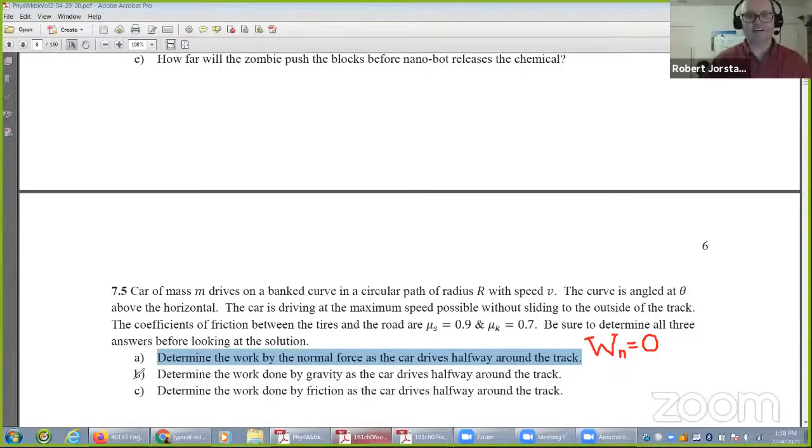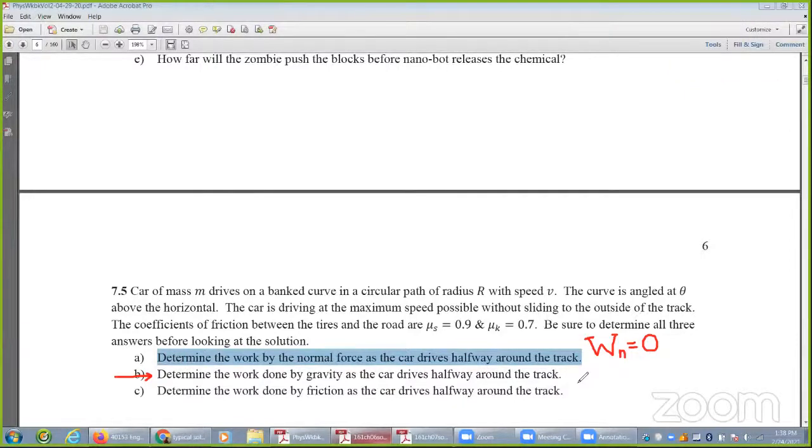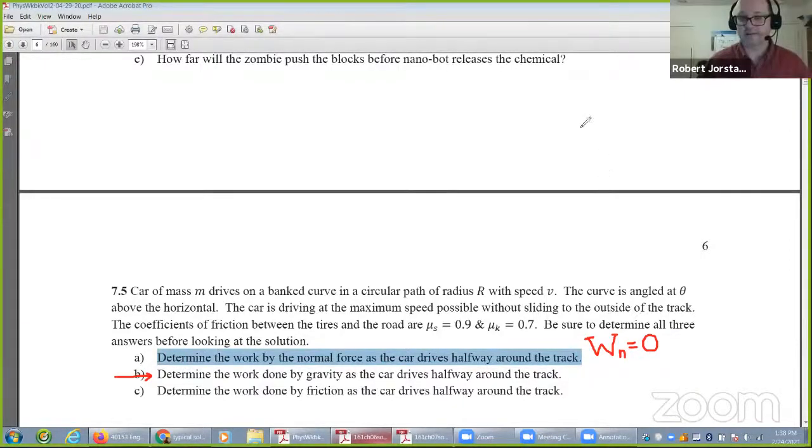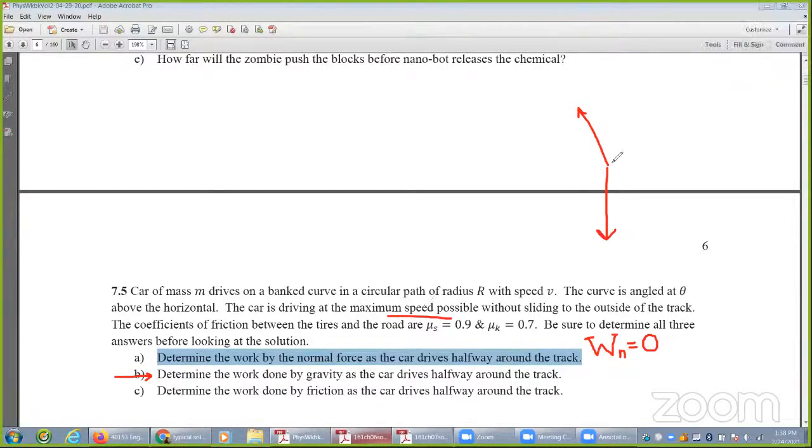Exactly. So how do you think we would proceed if we wanted to figure out the work done by gravity? Probably make an FBD so that way you have a visual. That's what, okay, so here's the normal force. Here's mg. There's friction. Which way is friction pointing in this case? Would that be down? Down the plane, yep.